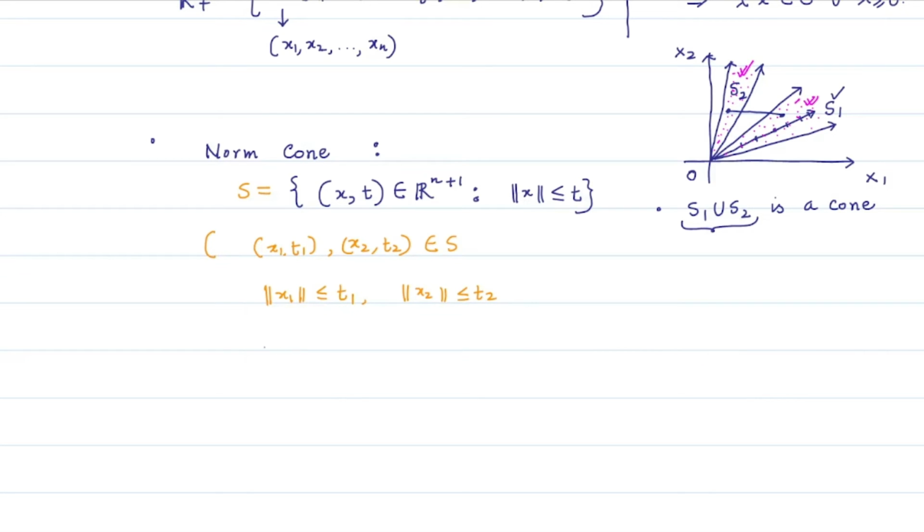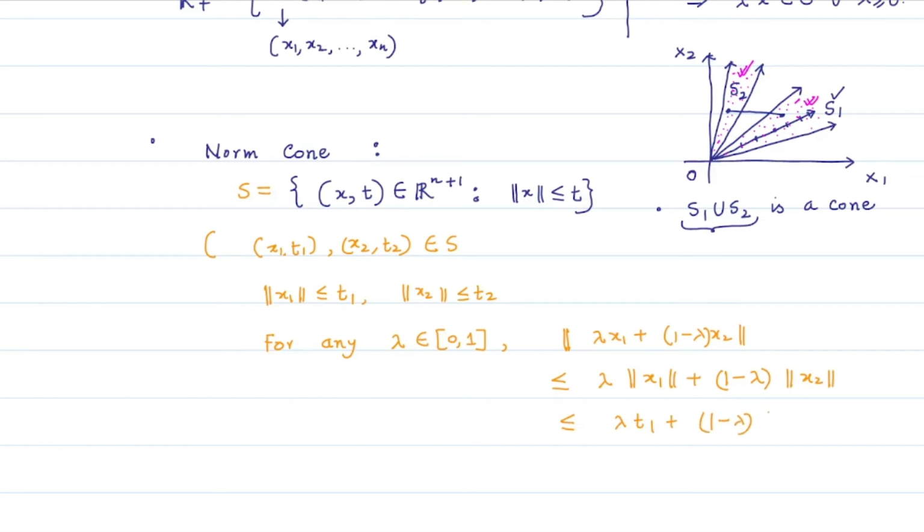Then we notice that for any given lambda greater than equals to 0 and less than equal to 1, the norm of lambda x1 plus 1 minus lambda x2 is less than equal to, by triangular inequality, lambda times norm x1 plus 1 minus lambda times norm x2, which is further less than equal to lambda t1 plus 1 minus lambda t2.